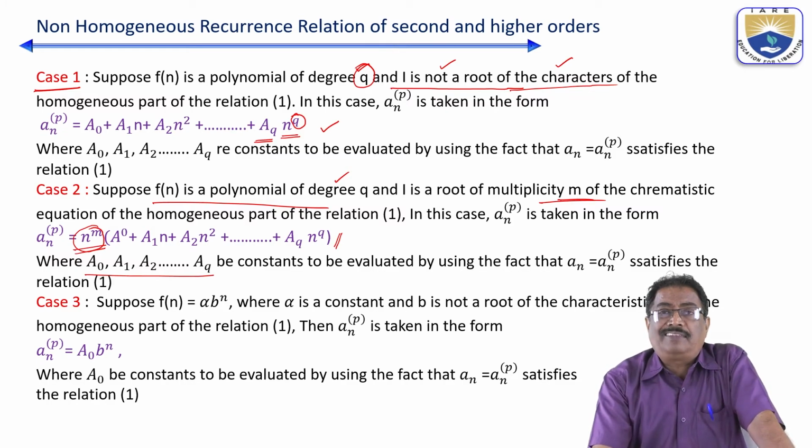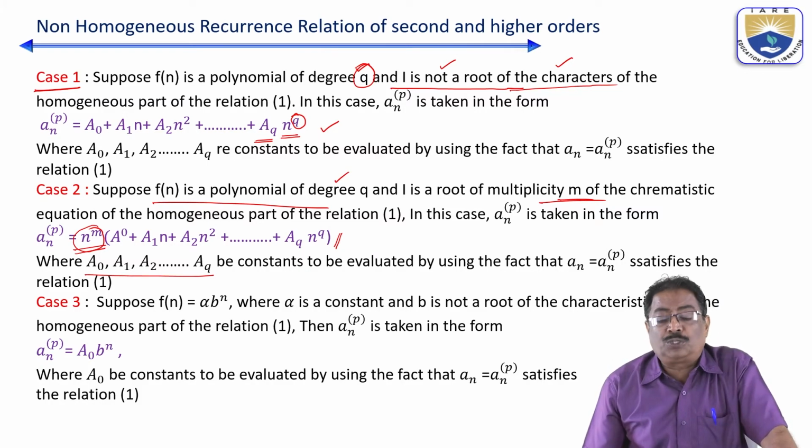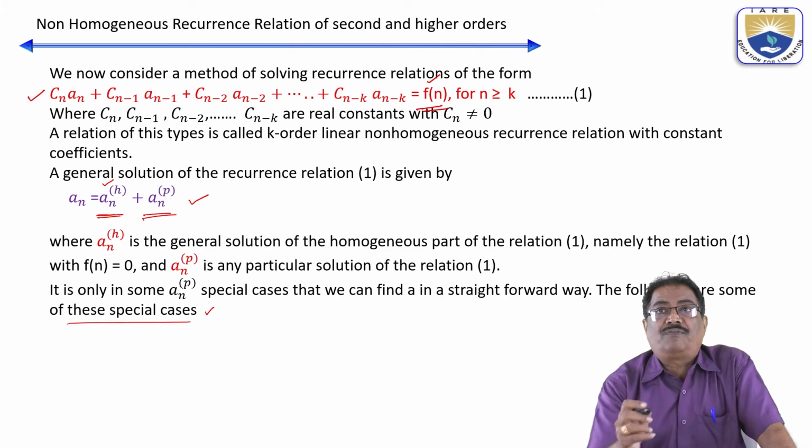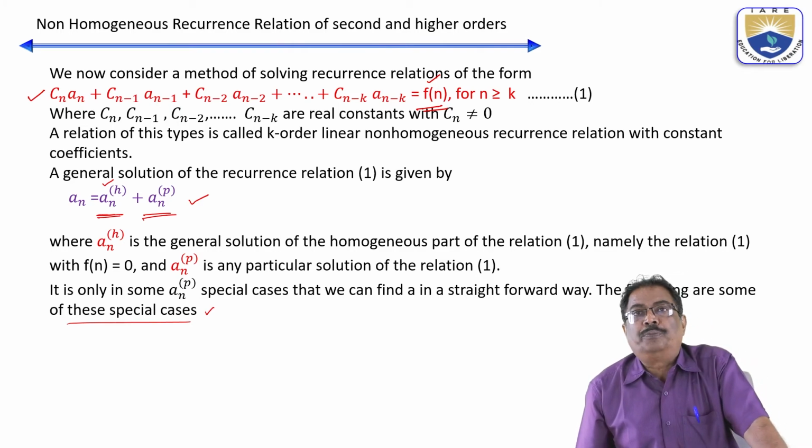Now case 3. In the two cases we discussed, f of n is a polynomial of degree q.